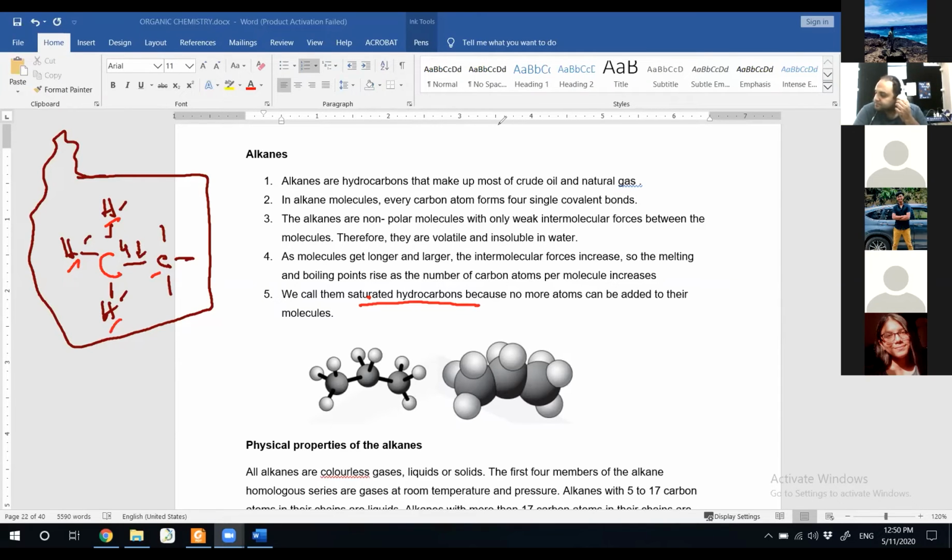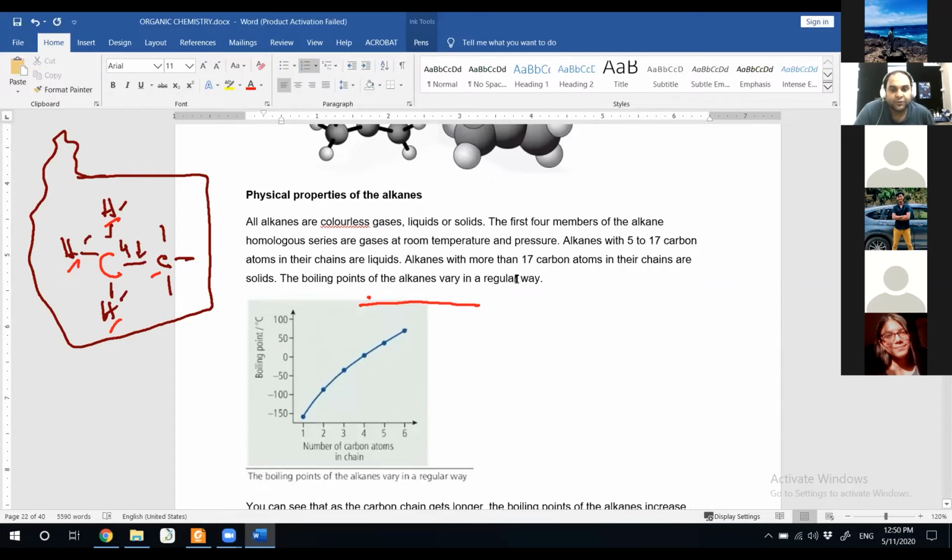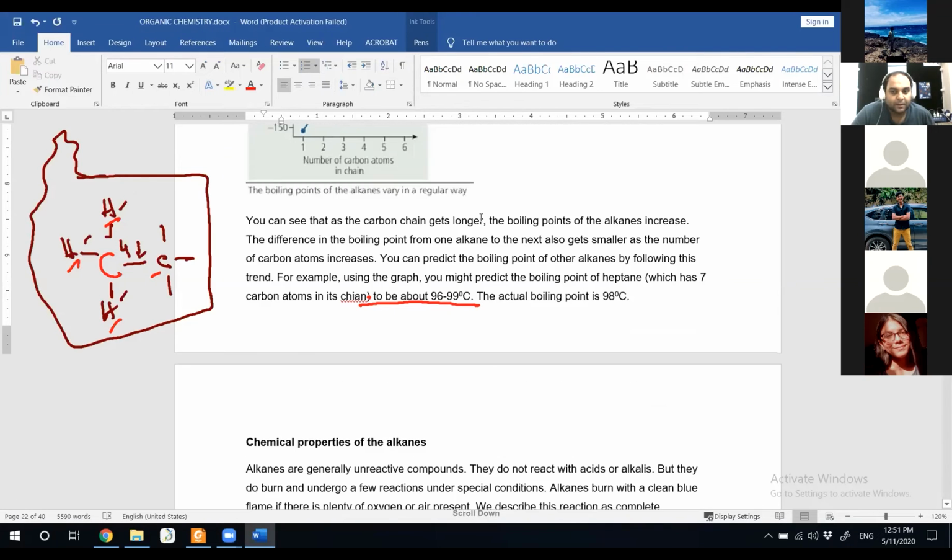Yes, sir. Okay, we'll just go through. Look, the first 4 members of the alkanes homologous series are gases. Alkanes with 5 to 17 carbon atoms in their chain are liquids. Alkanes with more than 17 carbon atoms in their chains are solids. The boiling points of alkanes vary in a regular way.